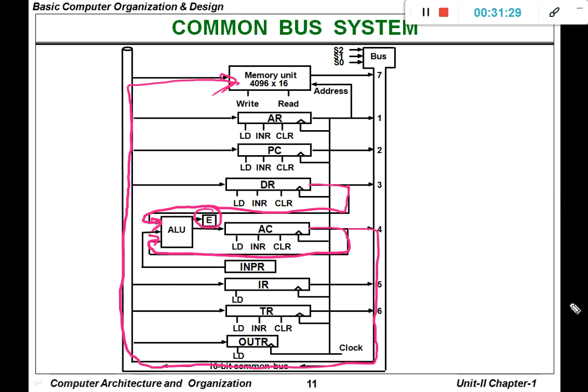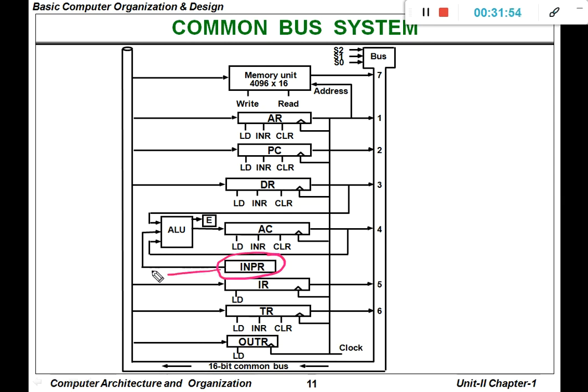And similarly, another important register is INPR. So what is the purpose of INPR? We discussed that whenever we are going to type something on the keyboard, it should be stored temporarily somewhere. So where is it going to be stored? You can observe here.